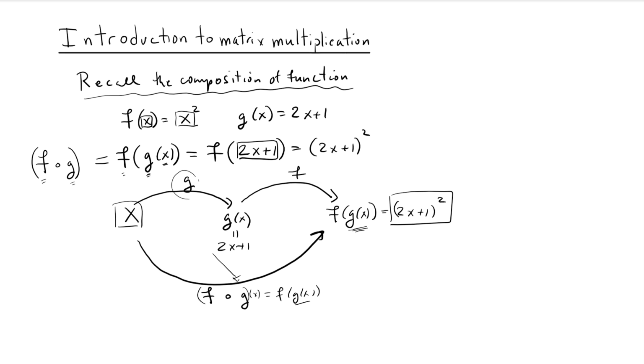I want g to be applied first. That's why they're kind of written backwards. The function that acts first goes to the right of the dot, and the f that acts last goes to the left of the dot. So this is a little review of the composition of functions.